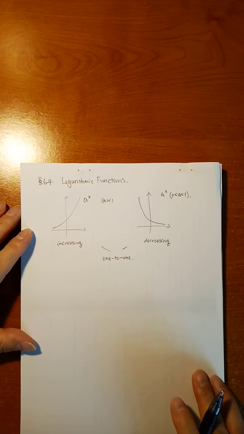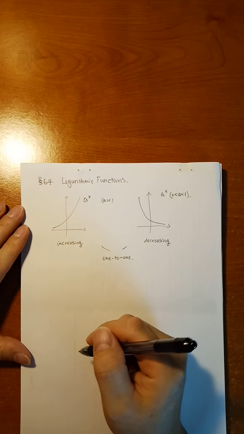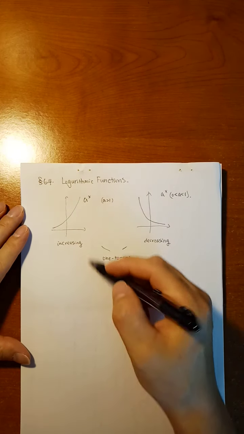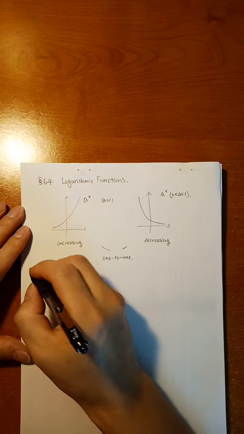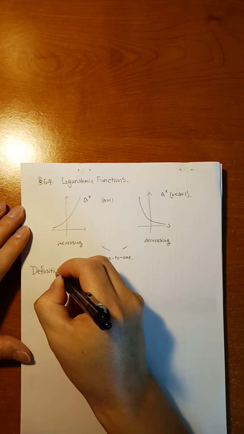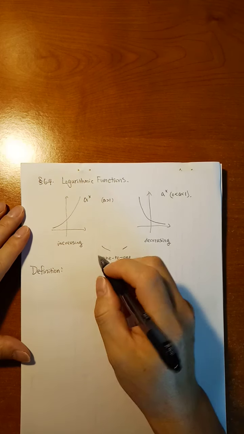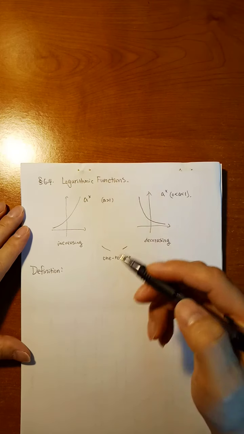So we know that for a one-to-one function, we can define the inverse function. So the logarithmic functions are the inverse functions of an exponential function. The exponential function has a base. The logarithmic function also has a base.